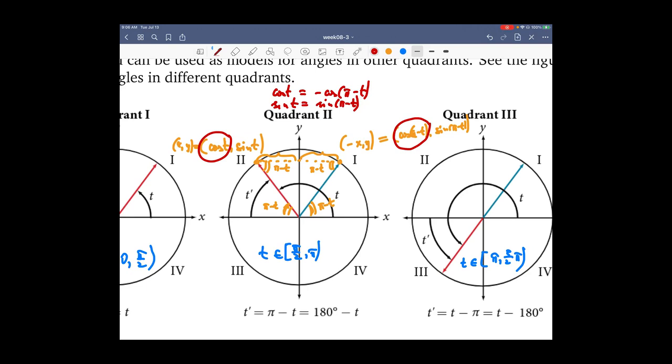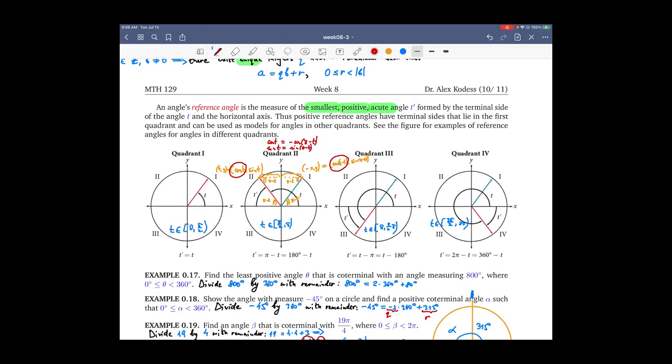Reference angles are extremely useful when it comes to trigonometric identities like this. We will deal with numerous dozens of trigonometric identities, and they're a lot easier to memorize if you memorize them once for reference angles and then just figure out how to use them when your angle is outside the range 0, 360. For every angle from 0 to 360, we can find a reference angle.